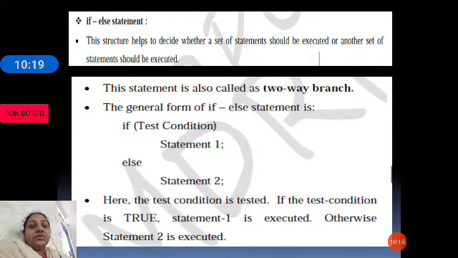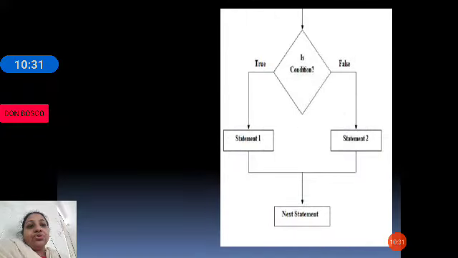So, if else is also called two-way branching. You can see the next flow chart so that you will understand. Two-way branching: here there is a condition. The condition can be true or the condition can be false. If the condition is true, statement 1 is executed.